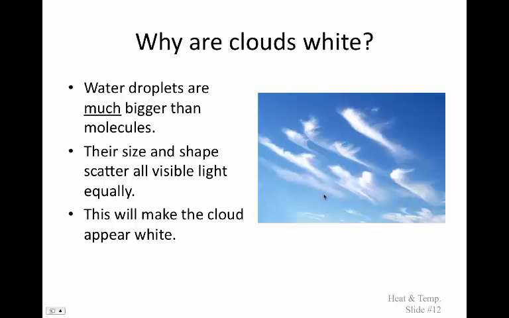So when we're talking about scattering of light by atmospheric molecules, it's a much different thing than talking about water droplets, because those are actually much bigger. Your eyes can see that actually. But what that does also is scatter the visible light equally in all directions, so that it makes your eyes just see white instead of any particular color. So that's why they're white.